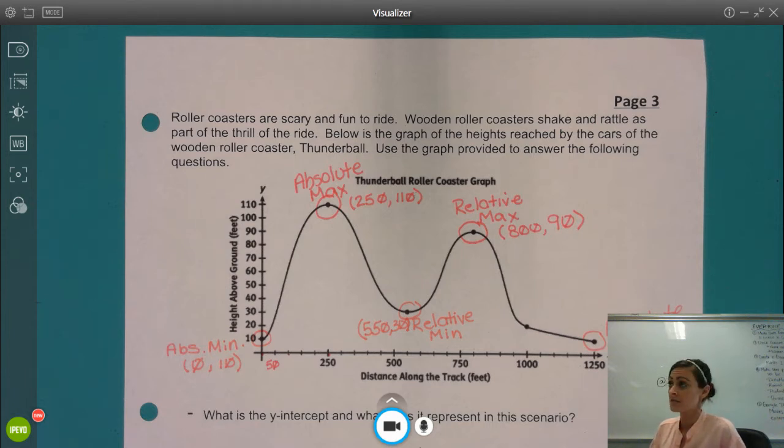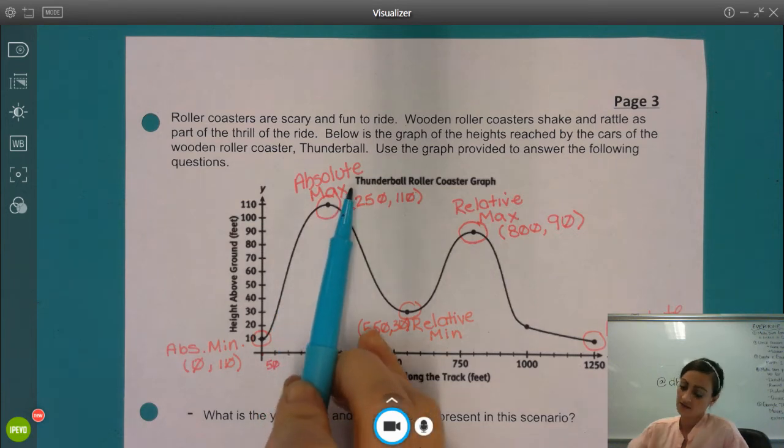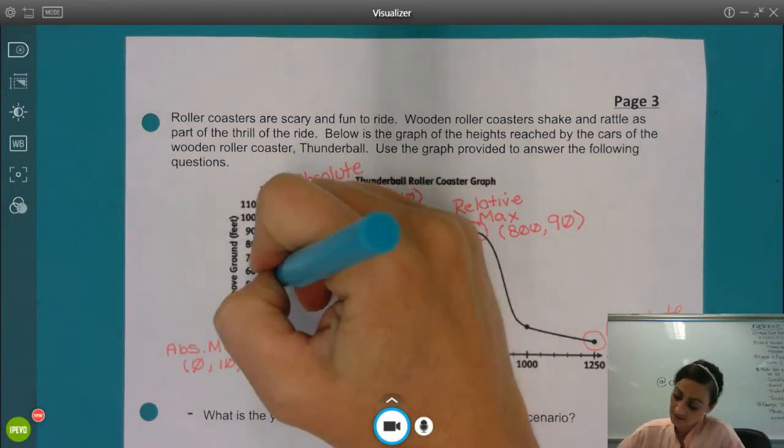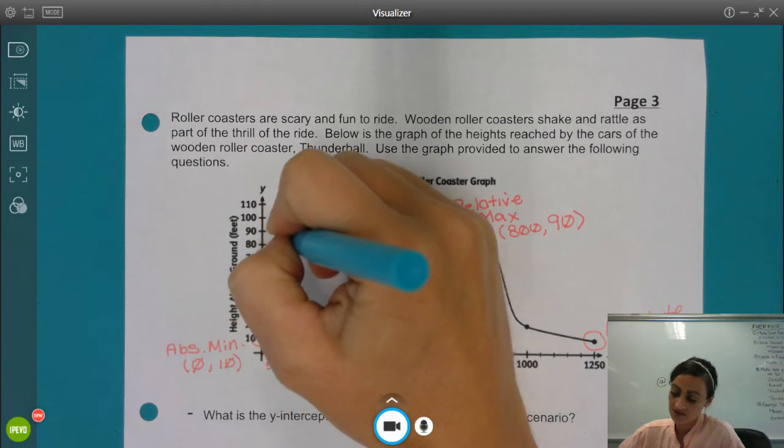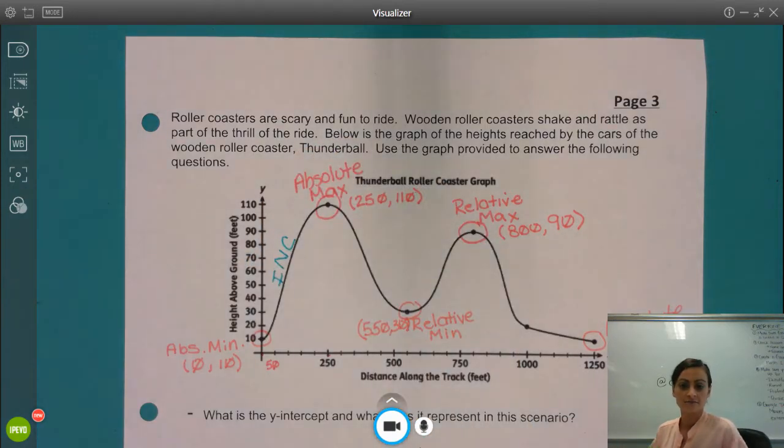And if I'm decreasing, that means I'm going down. So first thing I'm doing along my graph is going up. So this would be an increasing portion of my graph.